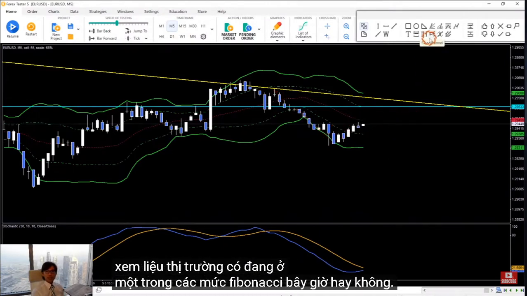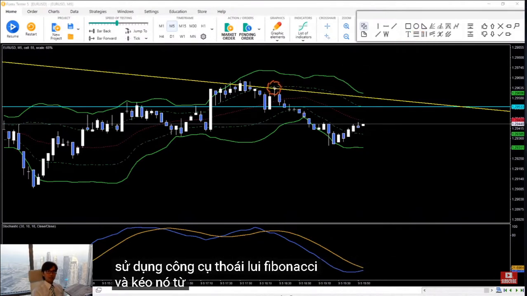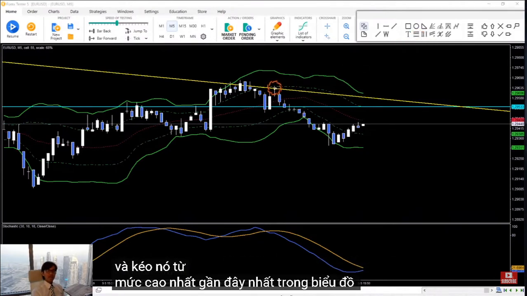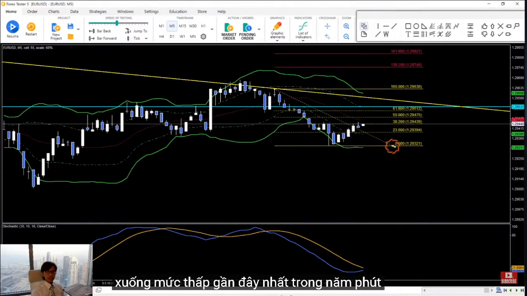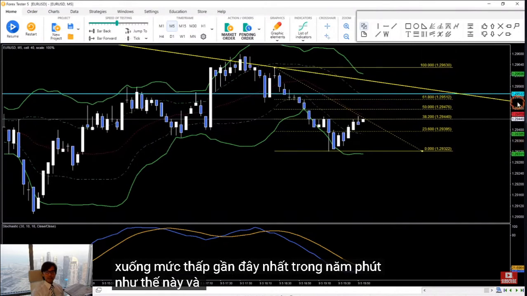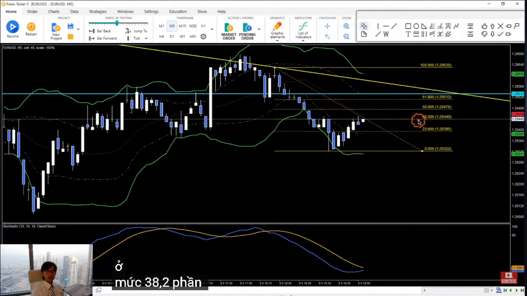So I take the Fibonacci retracement tool and drag it from the most recent high in the 5-minute chart to the most recent low, like this. And I see that the market is at the 38.2% level.